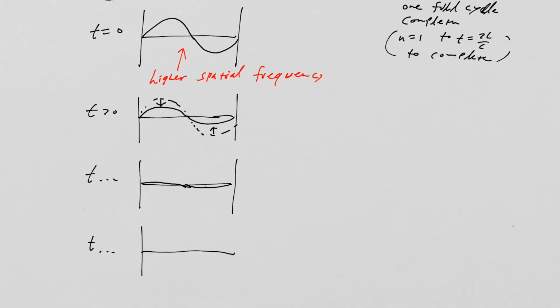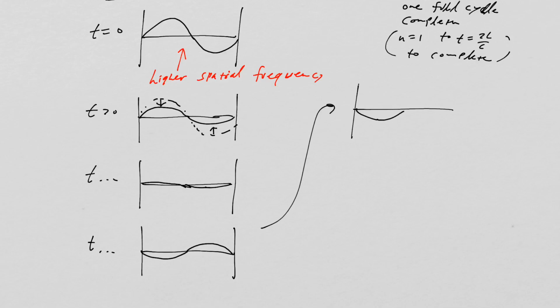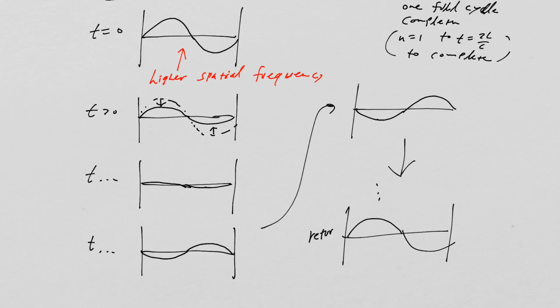You go further in time, and now half dips below, and the half that was below starts dipping up, and so on and so forth. Eventually you get fully down and then fully up, and then you've returned at t equals L over c. Then you complete the cycle again.